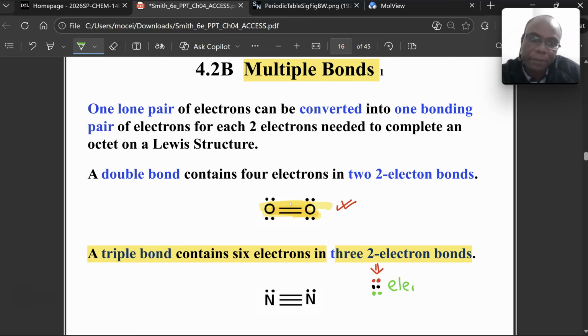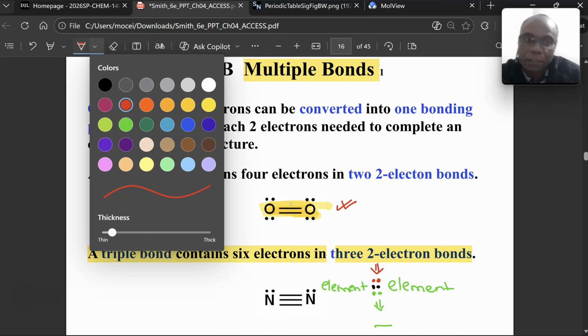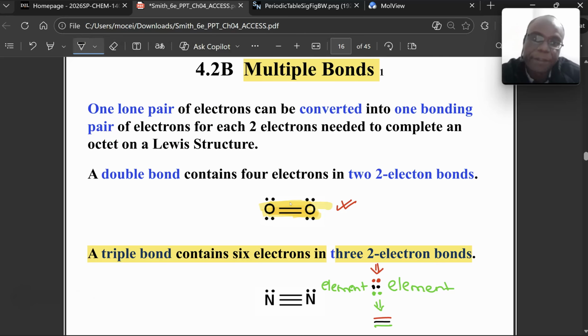So if you have an element here and you have another element here, in between the elements you will have 3 lines. Those 3 lines are what we call a triple bond, because each bond is 2 electrons.